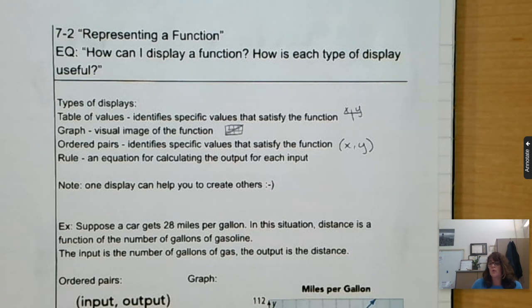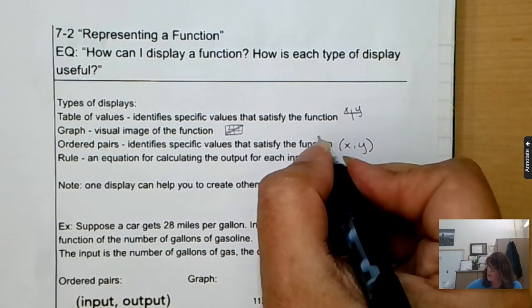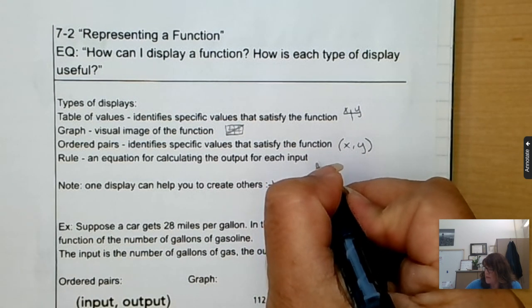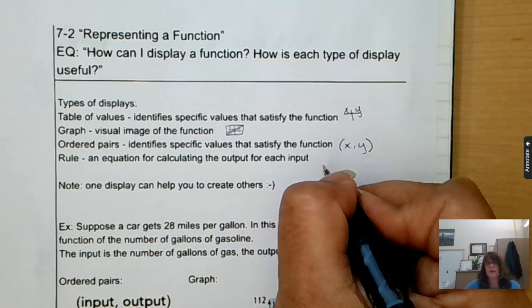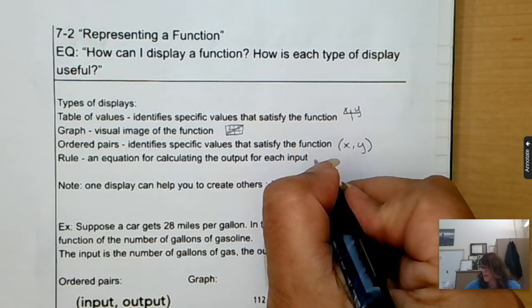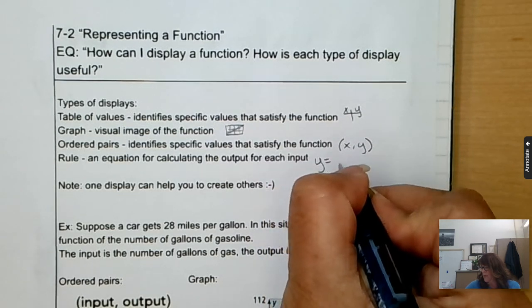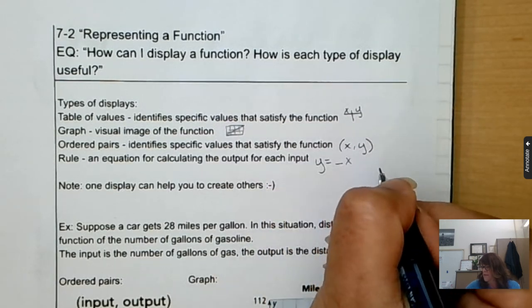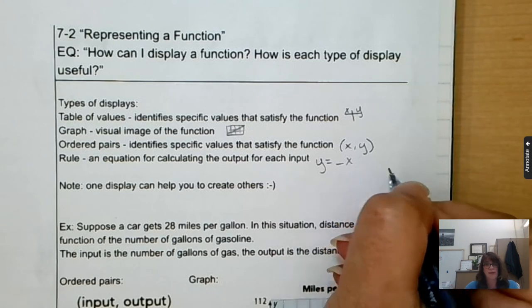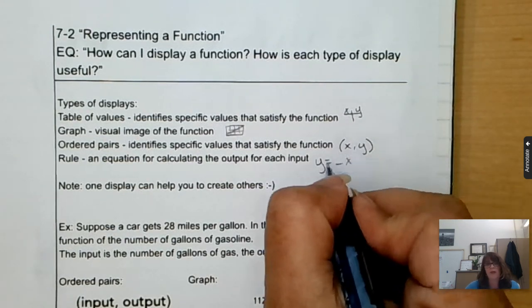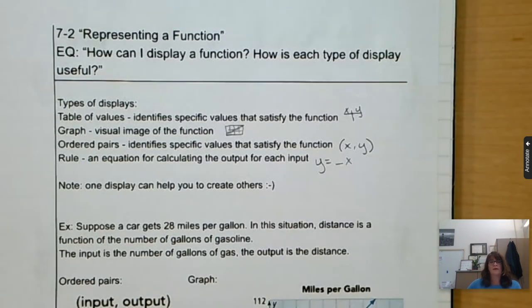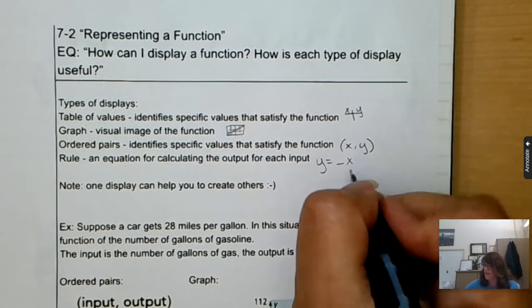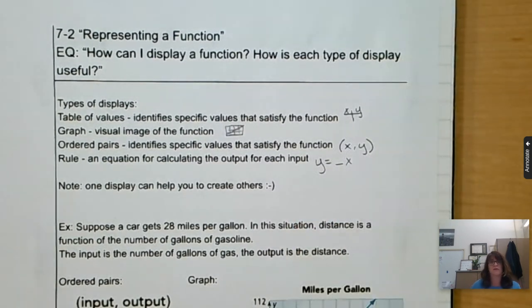And they can be shown as a rule or an equation. We spent a lot of time in topic 5 talking about these, where y equals something x, maybe plus or minus something, and we can make the rule for what the output is given x, the input.